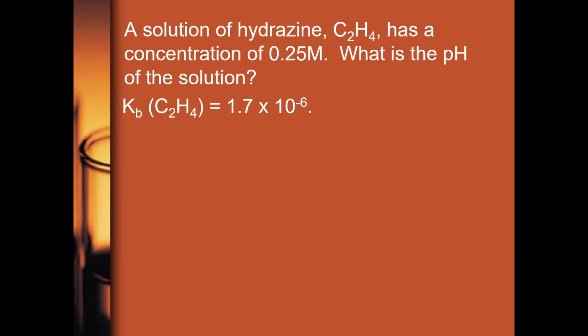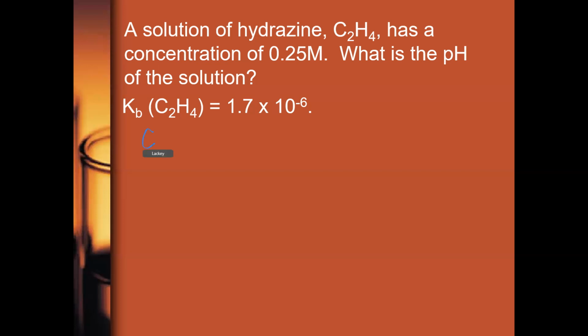Now, it did not tell you this was a base. However, it tells you the Kb value. So Kb is for bases, Ka is for acids. So the Kb of hydrazine is 1.7 times 10 to the negative 6. So because it gave us a Kb value, we know this is a base. So we can still write out a reaction.